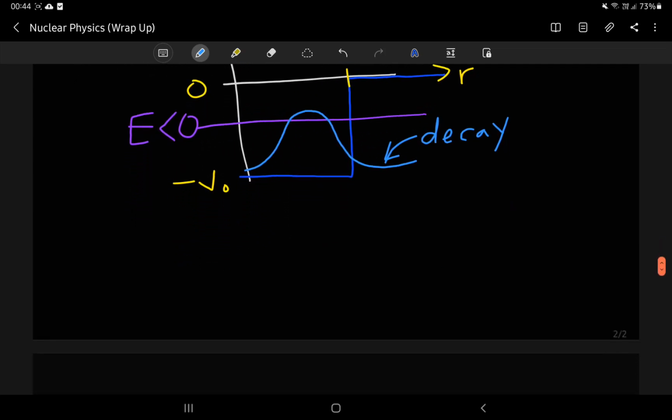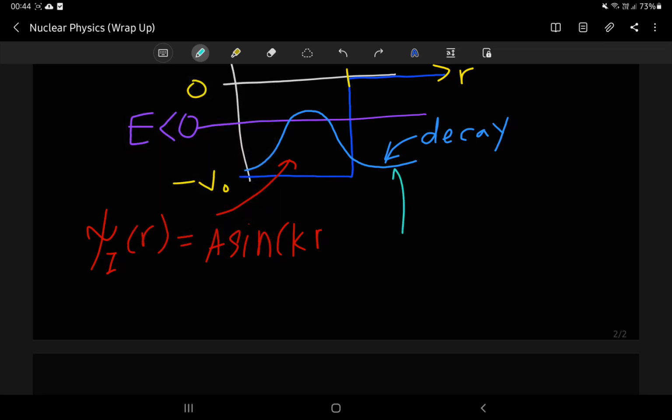Solving the Schrödinger equation. So over here the solution of the Schrodinger equation is psi 1 of r is a constant times sine of kr, and over here the solution is psi 2 of r equals to C e to the minus kr.